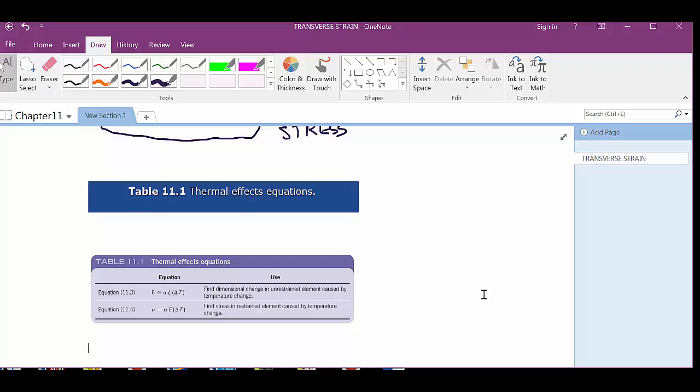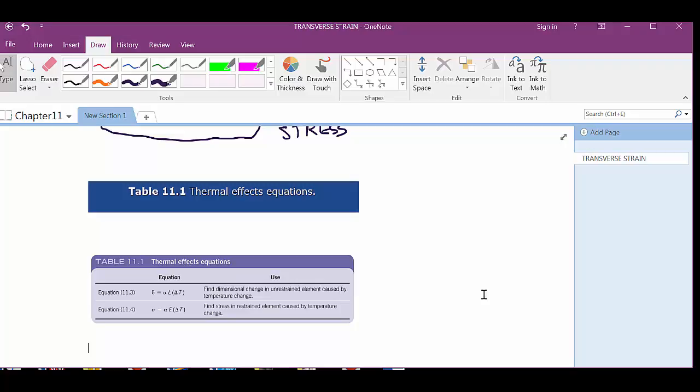So for homework, something we can talk about Friday, let's plan on doing problems 11.1. This is on page 240 in your book. 11.1, 11.3, 11.4, and 11.5.